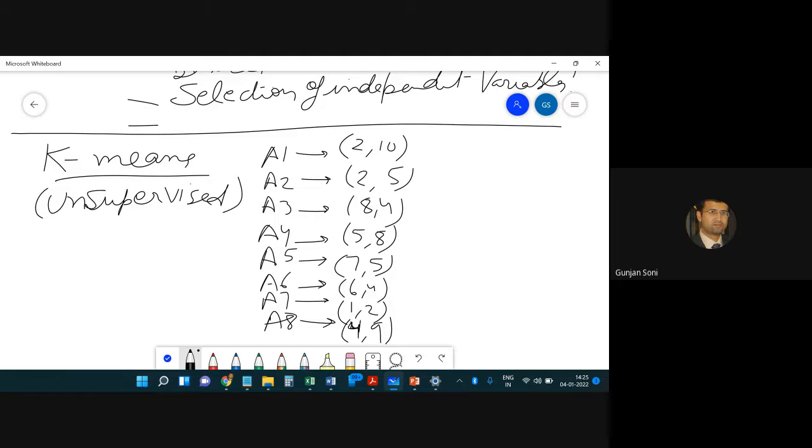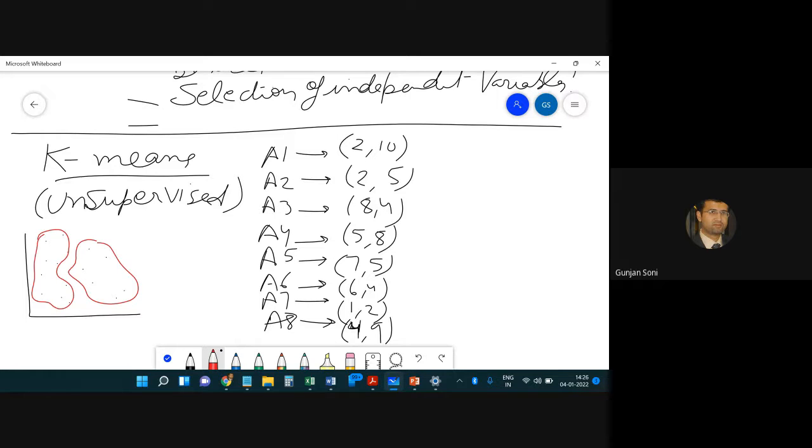We just need to find out a common ground to classify them. It's like if I'm having many sets of points, with the help of k-means, can I make them into two clusters like this?